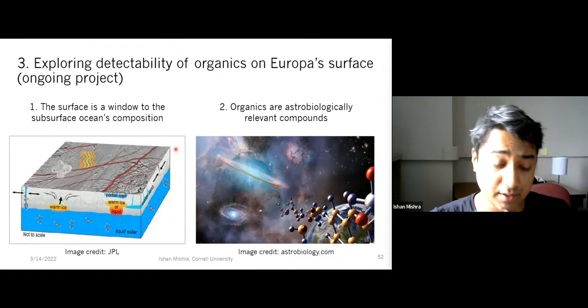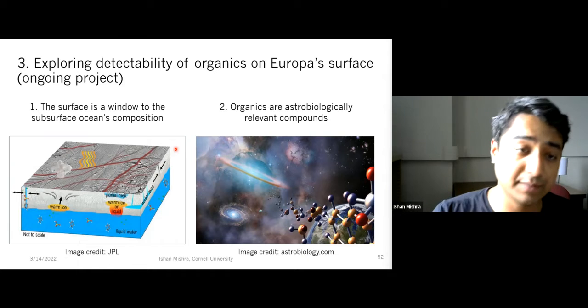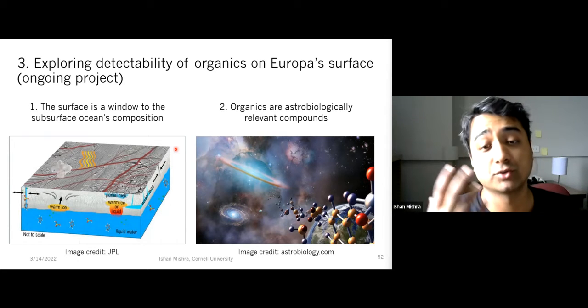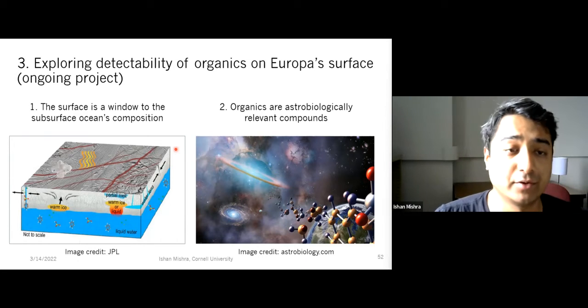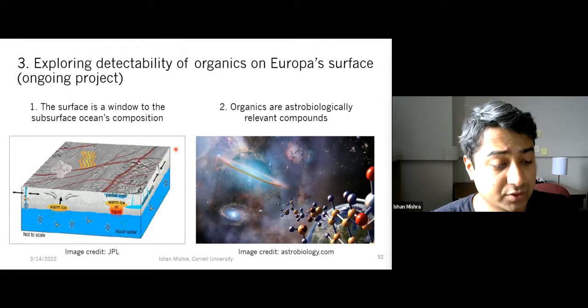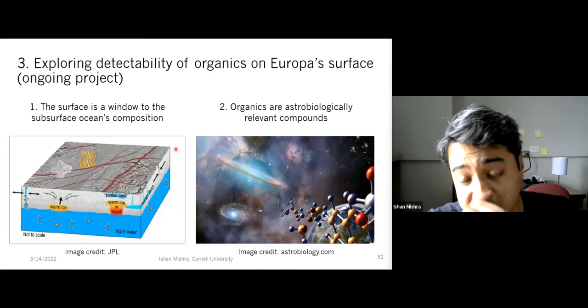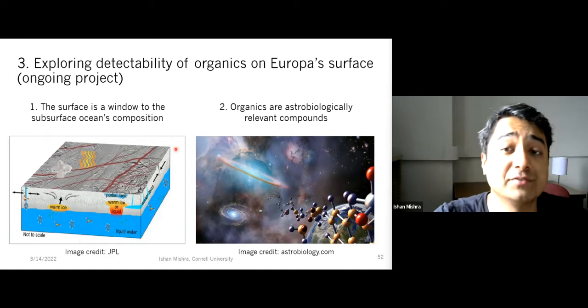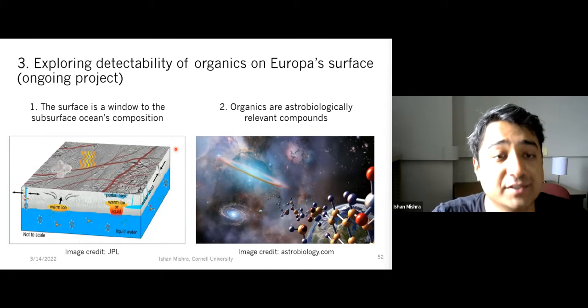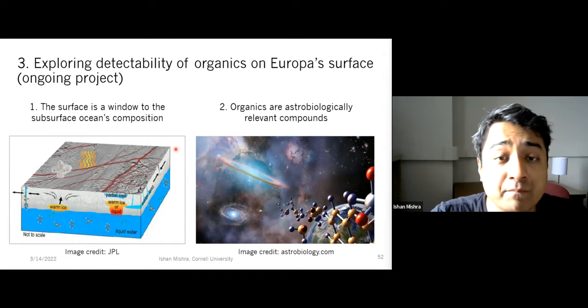And so one of the primary goals for upcoming missions like Europa Clipper and JUICE is to map the organic content on Europa. Specifically, we're interested in finding signatures of organics in the fresh material that might be present on Europa's surface, fresh plume deposits or volcanic deposits, and so on.